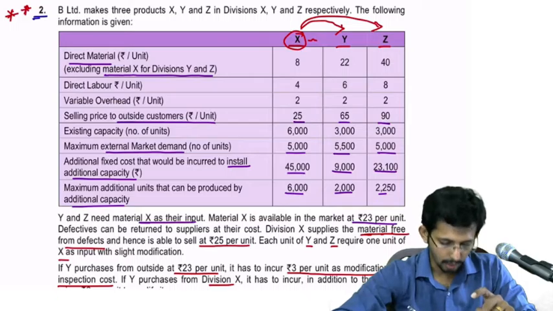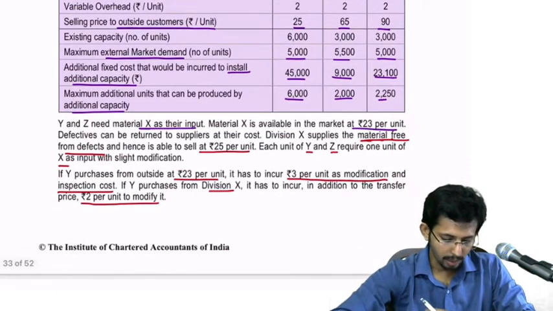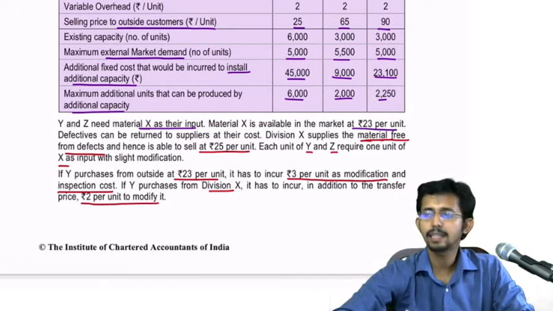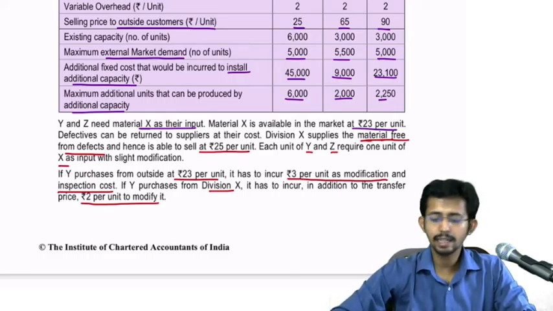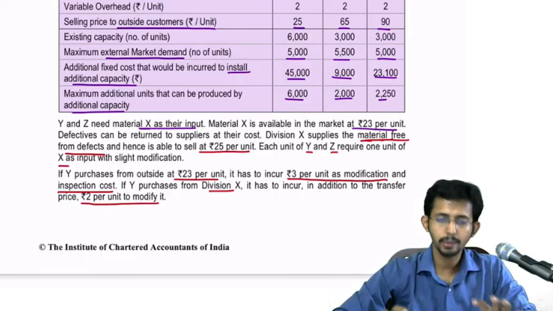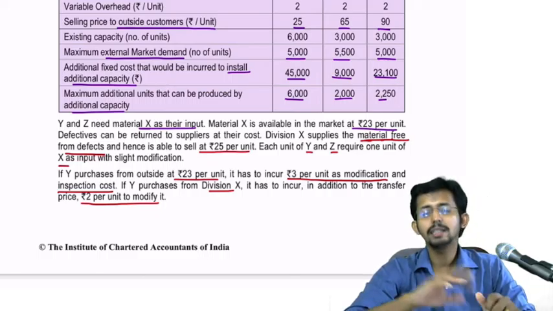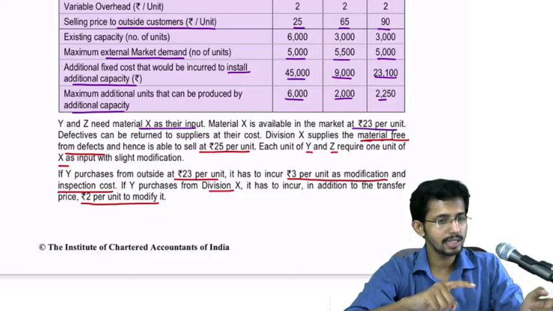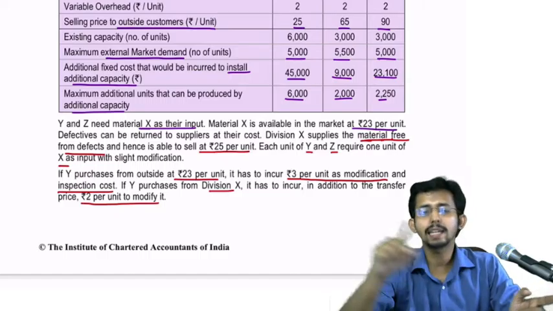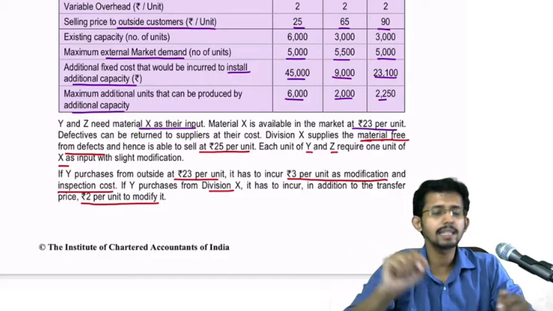Is it clear? Now, division Y and Z both require material X for the purpose of completing their products. But they have two options. Either they can procure it from division X, or they can get it from the external vendors.